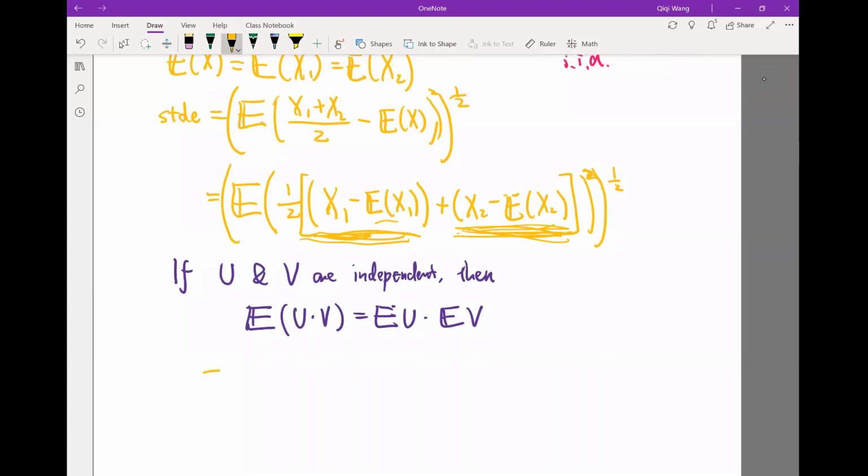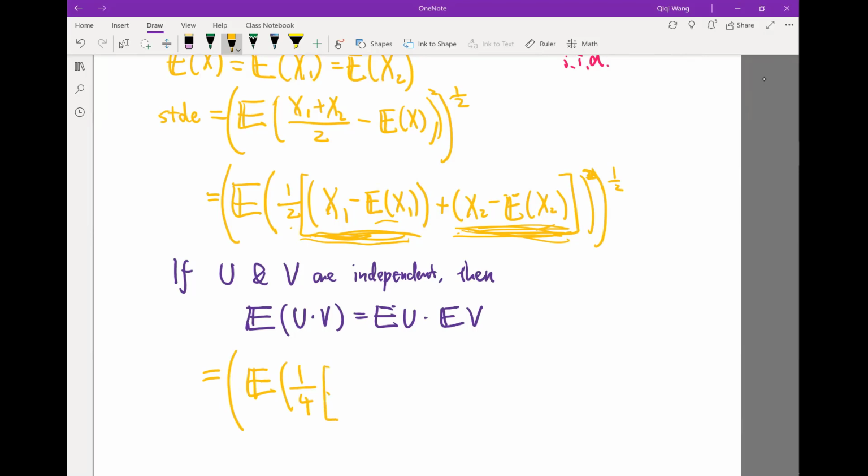So if I keep on following, what we have is the expectation of, let's square out this thing. The half is going to be equal to a fourth, okay?